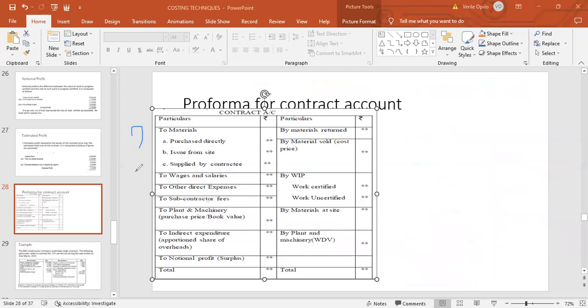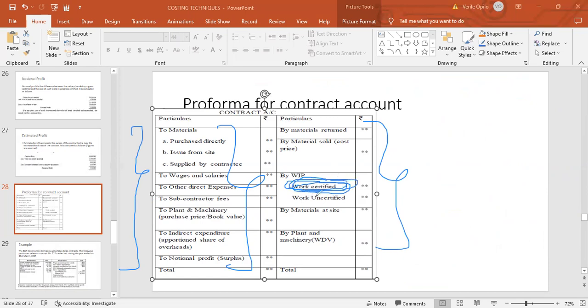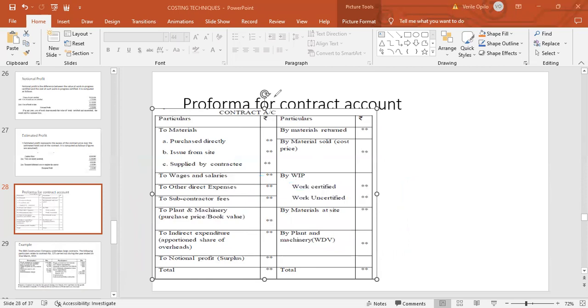So now you have all your elements on the debit side. These ones, we say this is expenses. These ones are any returns that have been made by the entity, any profits that have been made, and the value, not profit, but the value that has been made through the work certified, and the cost of the work uncertified. And then now the written down value of the plant and machinery that were purchased specifically for this particular project or for this particular contract.